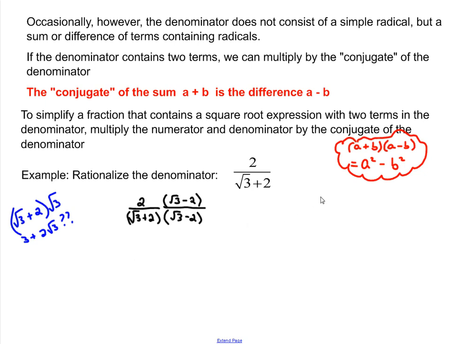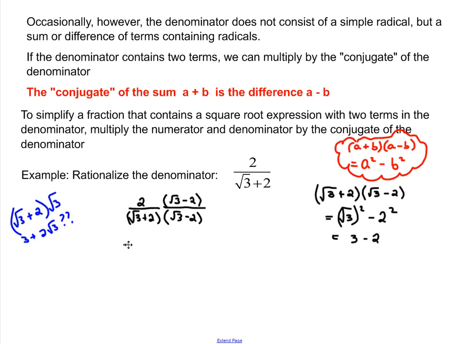If I take the square root of 3 plus 2 and multiply it by the square root of 3 minus 2, verify for yourself that this is going to become, like in my special form up here, the square root of 3 squared minus 2 squared, which is to say 3 minus 2.